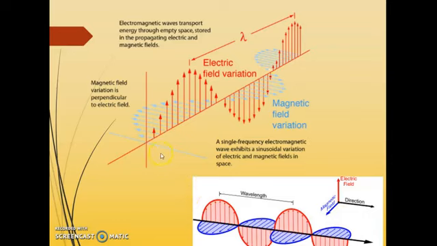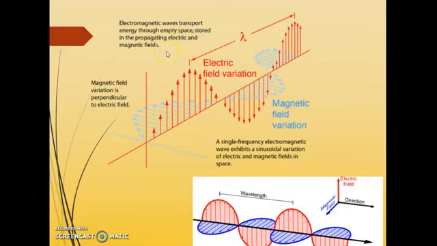You see, here we have the electric field and magnetic field vectors, and they are represented by these red arrows and the blue arrows respectively. So this is my electric field and this one is my magnetic field. Magnetic field variation is perpendicular to the electric field, right? And electromagnetic waves transport energy through empty space stored in the propagating electric and magnetic fields.